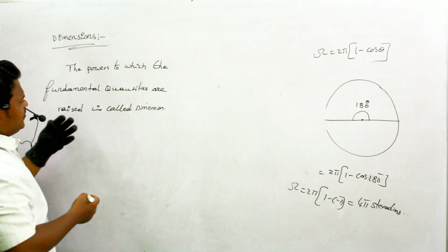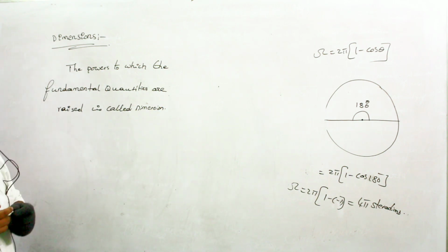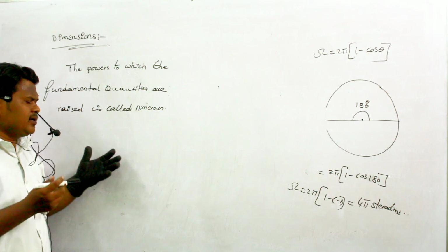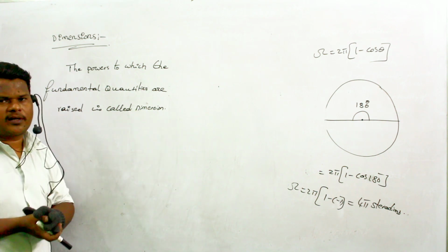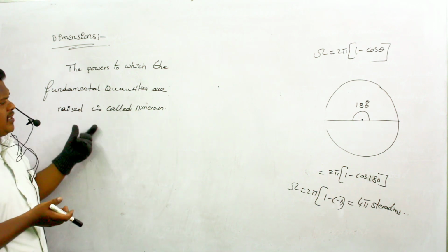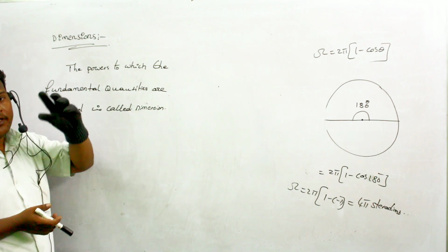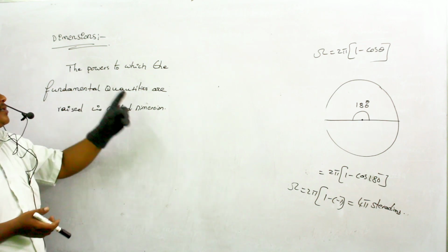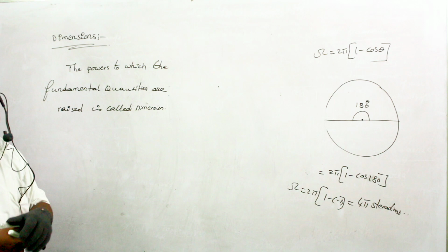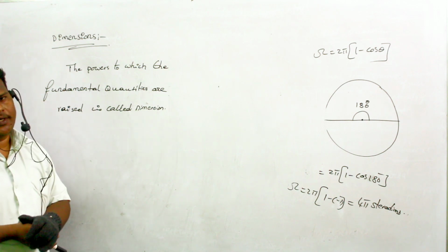For example, if you take a derived quantity, any derived quantity will be a combination of fundamental quantities. In each derived quantity, how many fundamental quantities are present, that we call the dimension of that physical quantity.